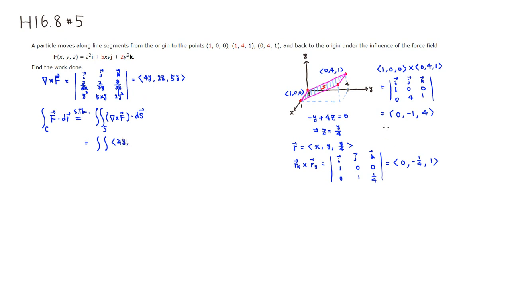Remember that z is equal to y over 4, so I'm going to plug it in: 2 times y over 4 is y over 2. Then we take the dot product with 0, negative 1/4, 1.